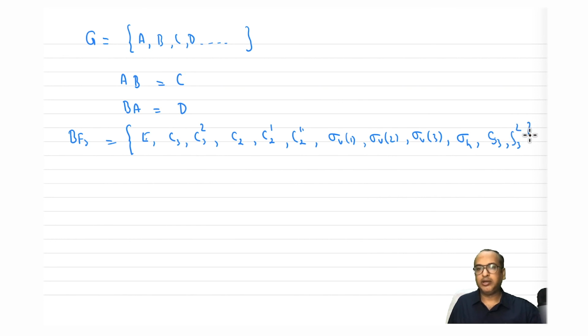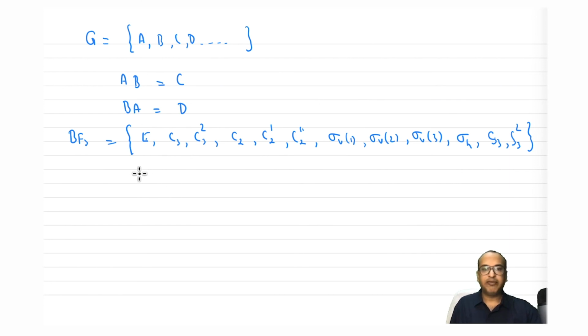Now, this is a complete set of symmetry operations for this particular molecule. If we take a product of any two symmetry operations, it should give rise to a symmetry operation already present in this set. If it is not, then we must include that operation into this set, otherwise it will never be complete.